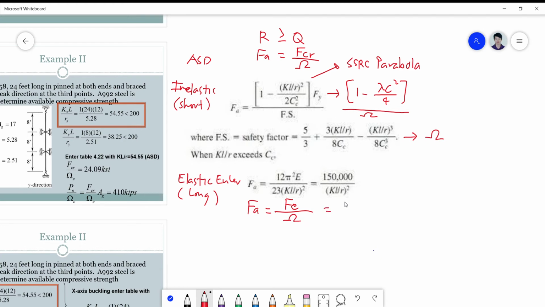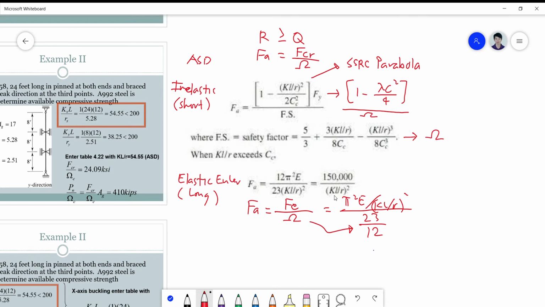So this is simply equivalent to pi squared E over KL over R squared, divided by a factor of safety equivalent to 23 over 12. Here your omega is this 23 over 12, or 12 over 23, which is written here as a coefficient of the Euler buckling formula.